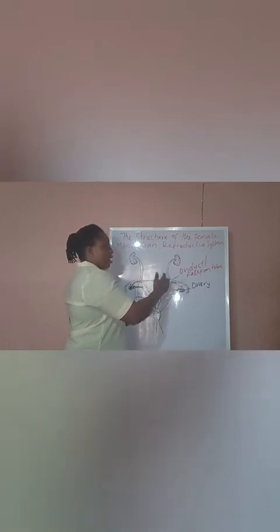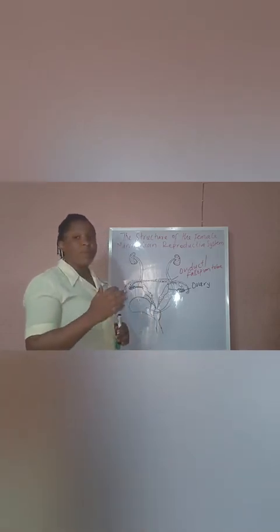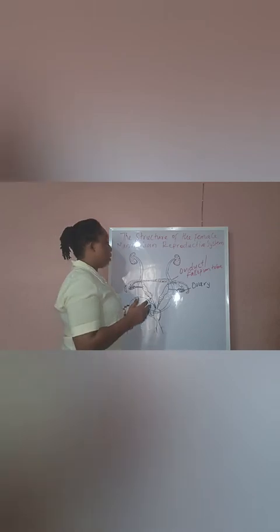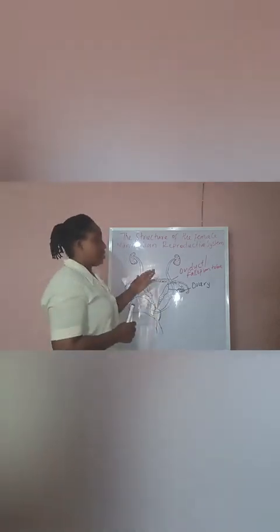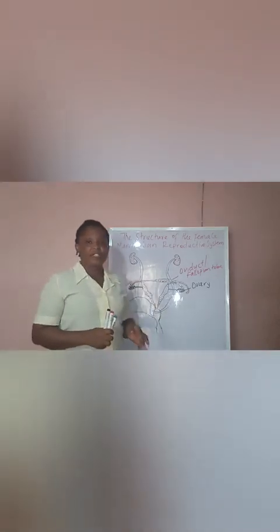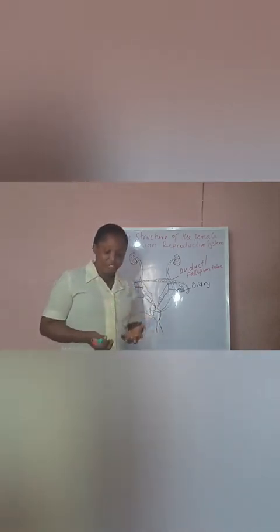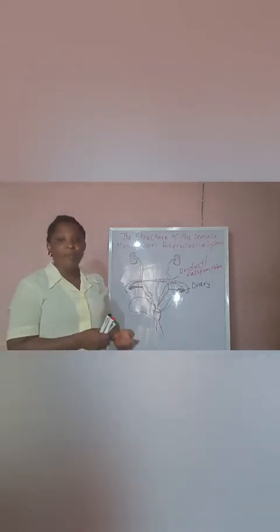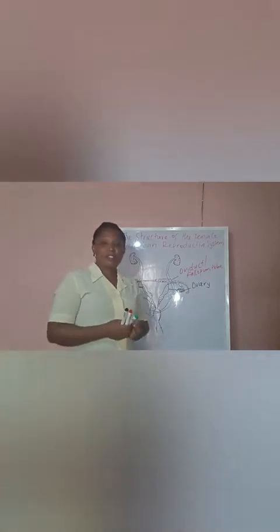Another thing that happens in the oviduct is that the fertilization of the egg takes place in the oviduct. Fertilization is the coming together of the male and the female cell.